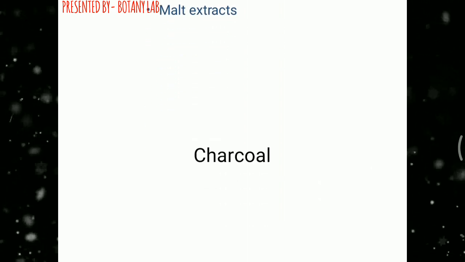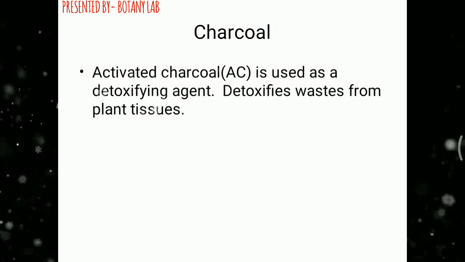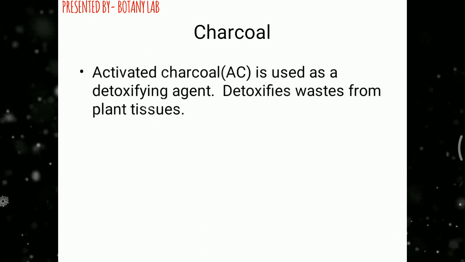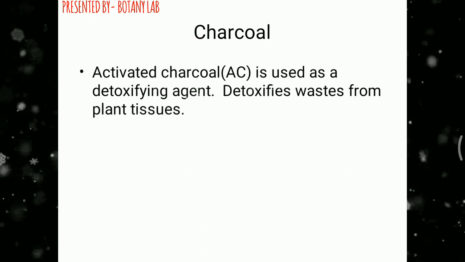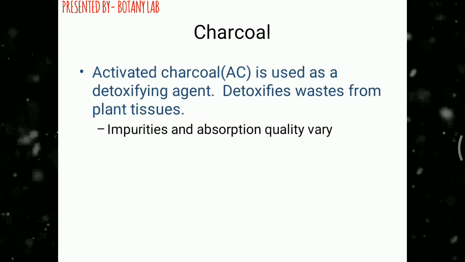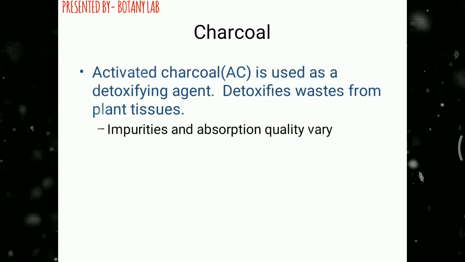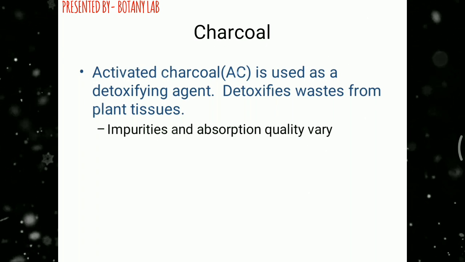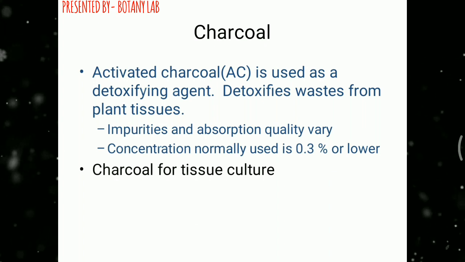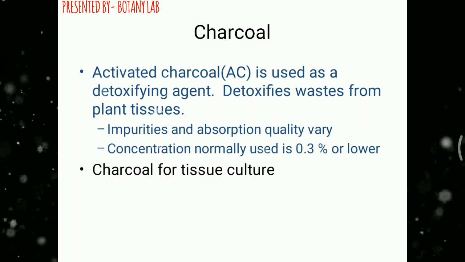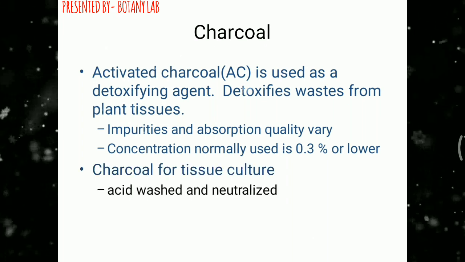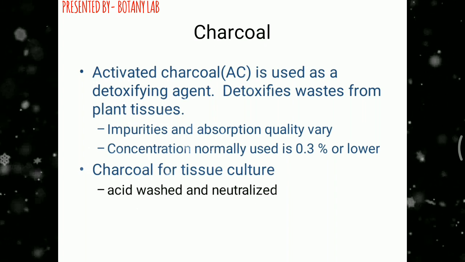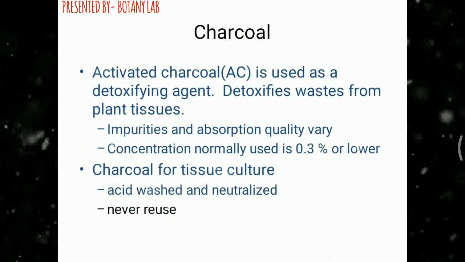Charcoal: activated charcoal is used as a detoxifying agent, absorbing impurities from plant tissues, with absorption quality varying, and the concentration normally used is 0.3% or lower. For tissue culture, acid washed and neutralized charcoal must be used, and never reuse it.